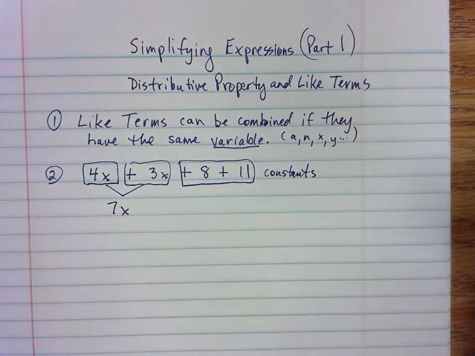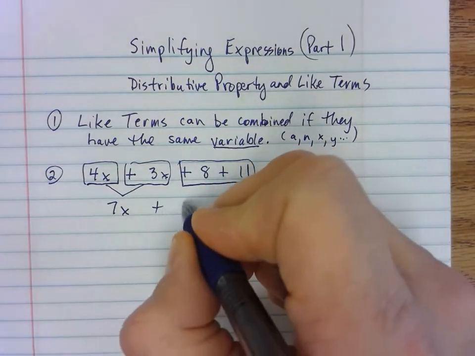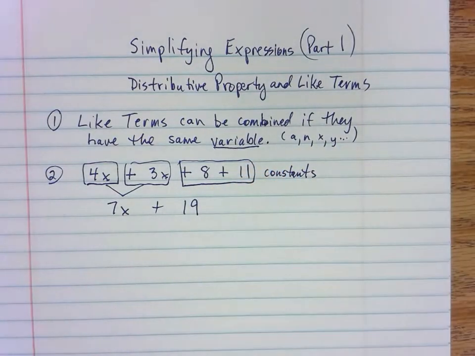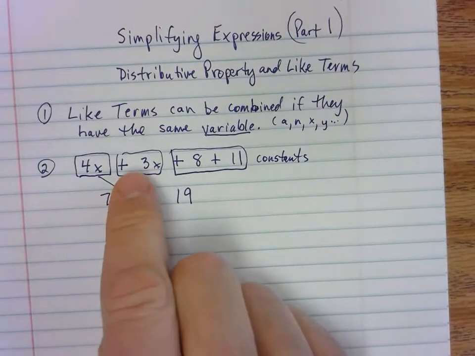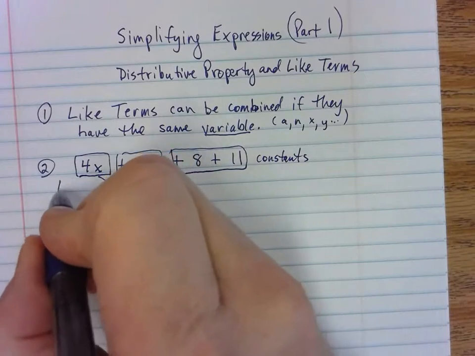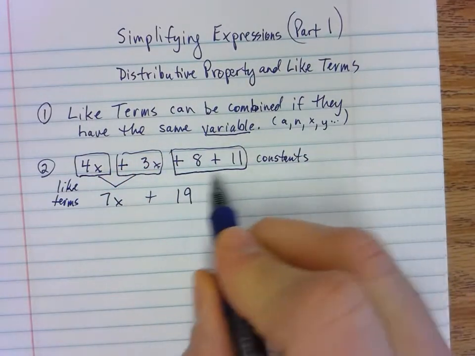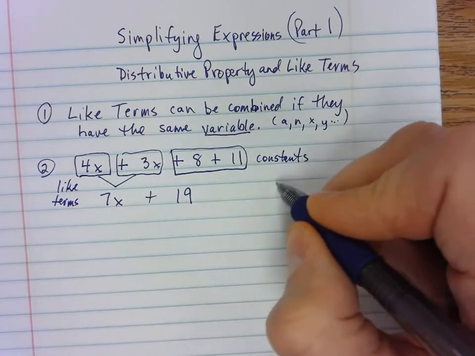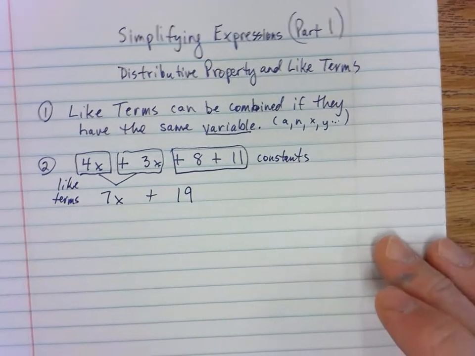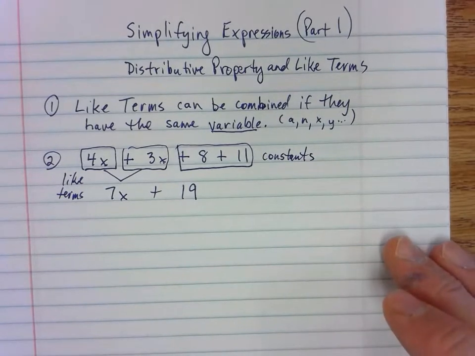We put the constants together, and that gives me 7x plus 19. So put the ones together that have the same variable. These are the like terms, and these plain old numbers are the constants. So we got 7x plus 19 when we combine that together.